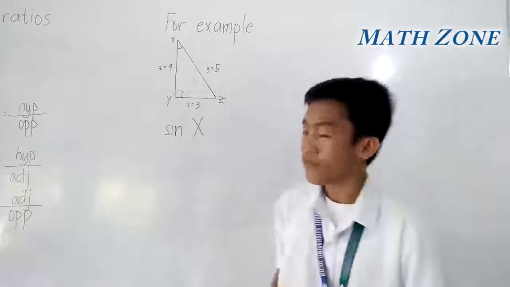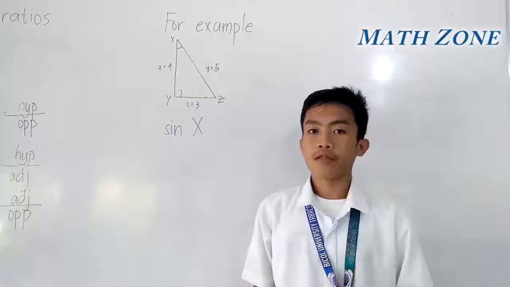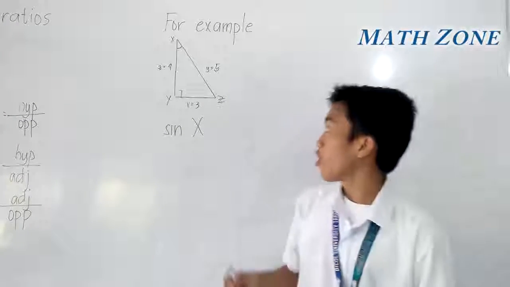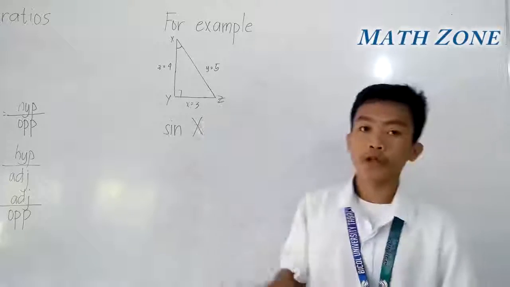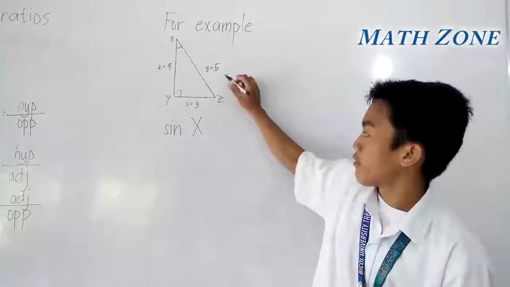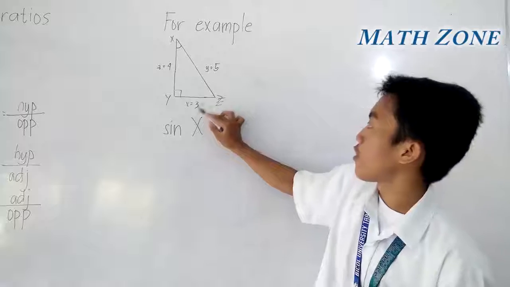Sine X is equal to the measure of the opposite side over the measure of the hypotenuse, which is equal to 3 over 5.